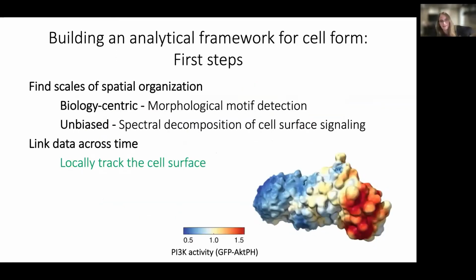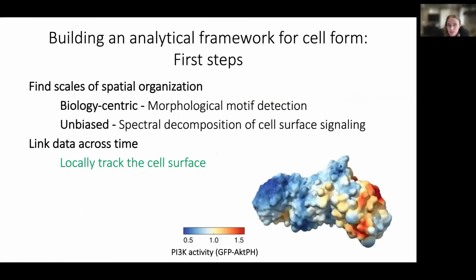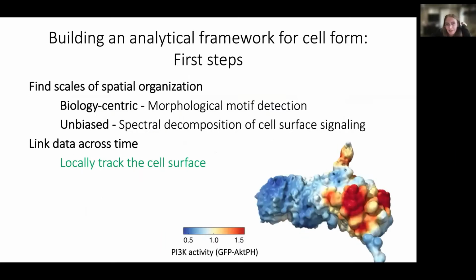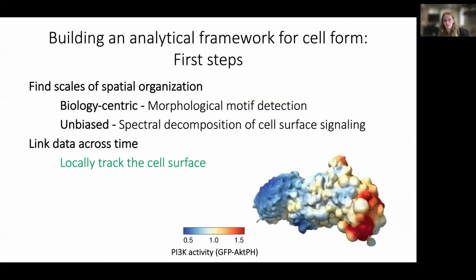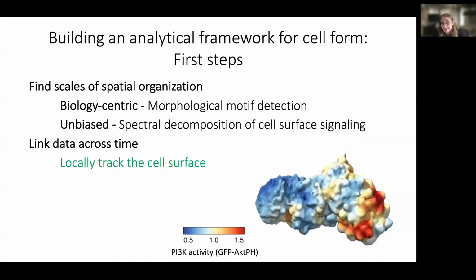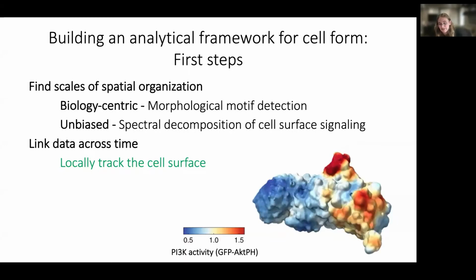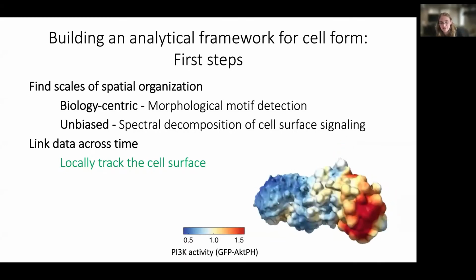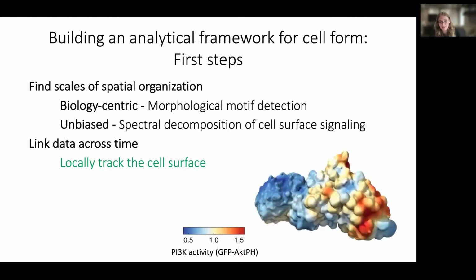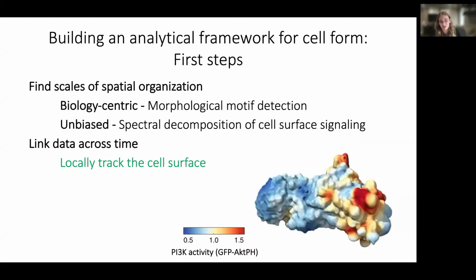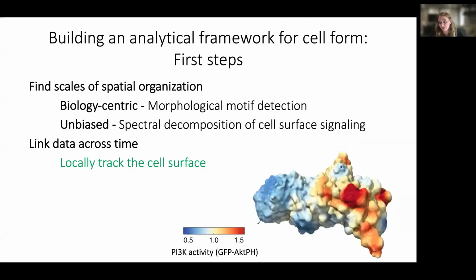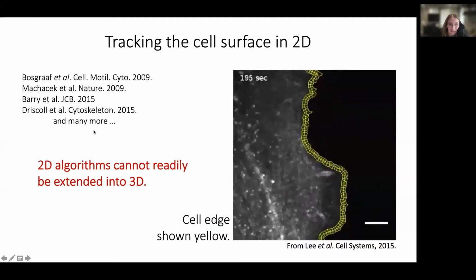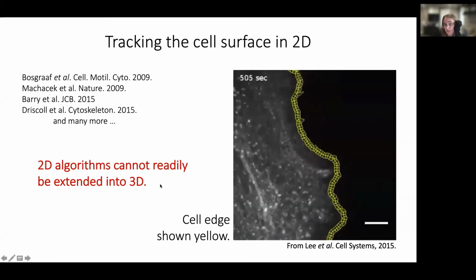And yet there's one more image analysis project I want to tell you about, and then we'll go back to our melanoma cells, right? So to study dynamics, we really need to link information across time, right? And the simplest way to do that is to track the cell surface and then use that tracking to link other types of information that are on the cell surface, right? This trick has been employed for decades now for 2D image analysis, right?